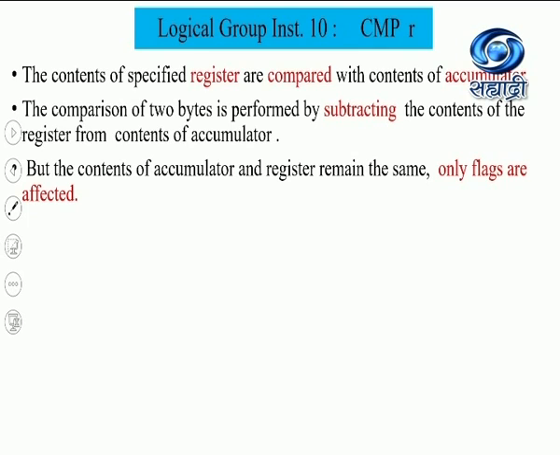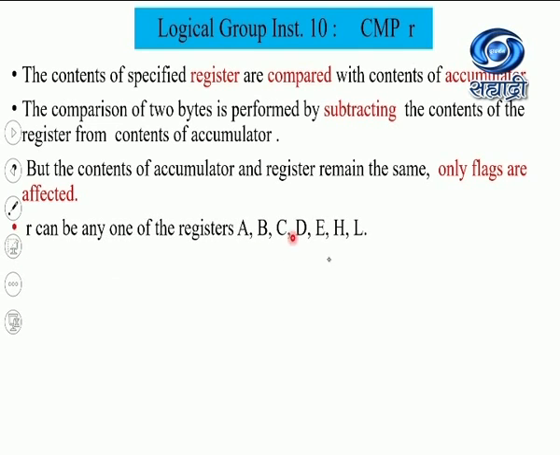In SUB R, the microprocessor stores the result of subtraction in accumulator and contents of accumulator are changed. But in CMP R, during execution of this instruction, contents of accumulator and register remain the same. This is very important. And the result of comparison is indicated by the status of flags.